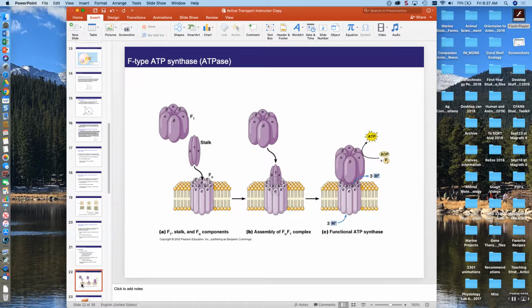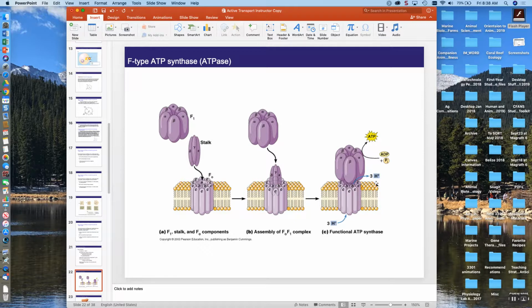You can see that there are many different subunits. There's a large F1 subunit right here. This is responsible for binding and hydrolyzing ATP. Then there's a stalk subunit and a subunit that is transmembrane. It has transmembrane spanning domains, so it's kind of inserted into the cell membrane.